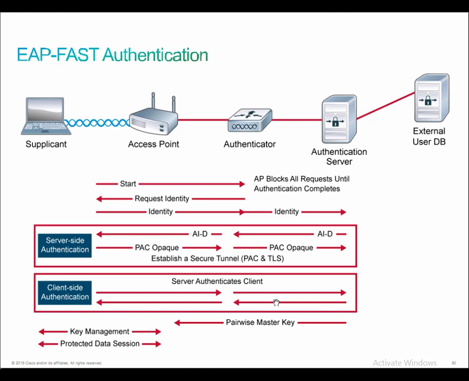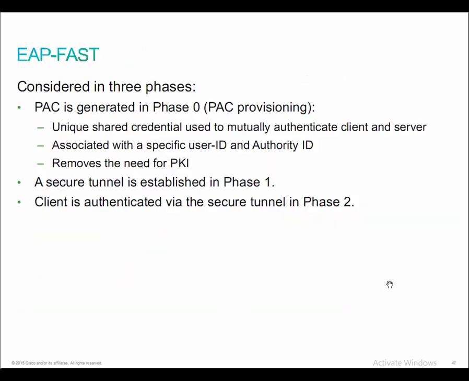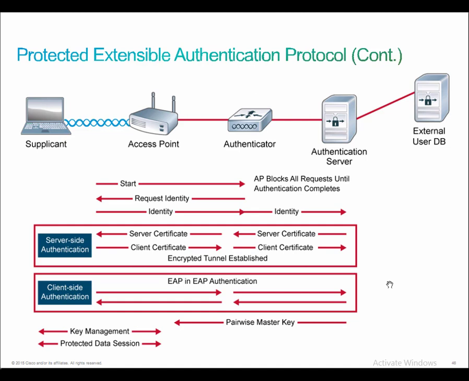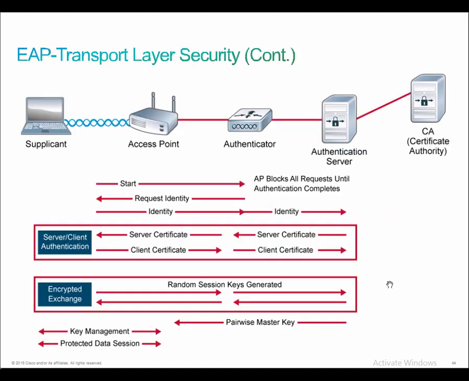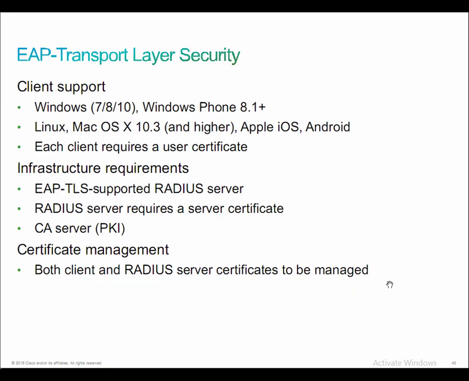All right. This authentication gives us the same results as what we saw with EAP-TLS. I mean, it looks exactly the same. In fact, in all of these processes that we've seen here, start, request, identity, identity, start, request, identity, identity.